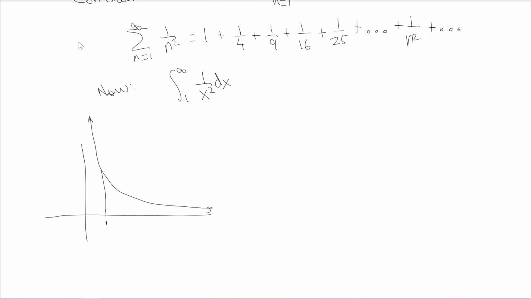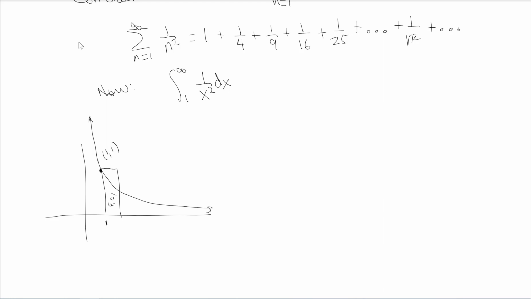if I do a left endpoint, the height of this rectangle is given by 1 over 1 squared. So this is just 1. Notice that this is a1 equals 1.